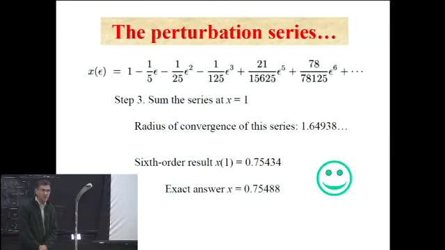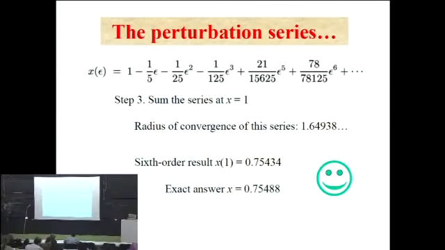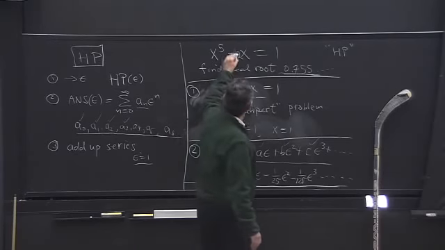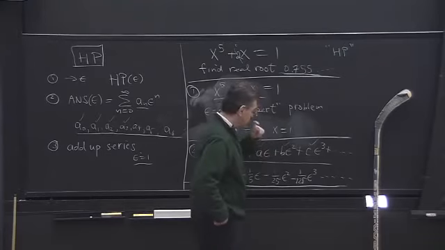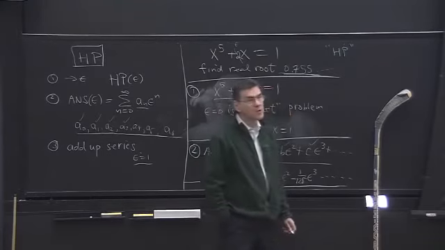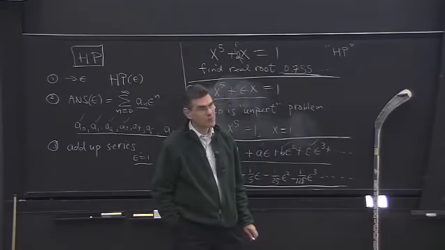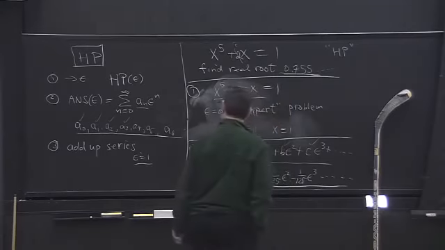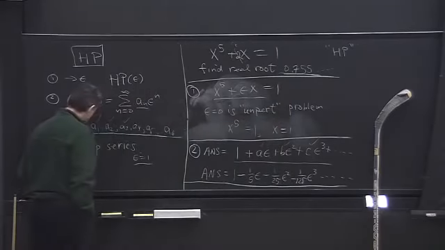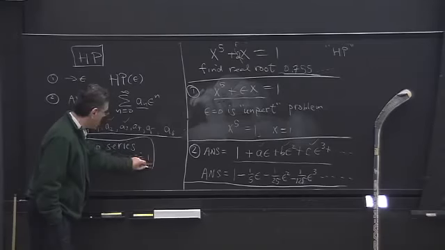However, what if you were trying to solve the hard problem that looked like that? You would do exactly the same thing, except at the end of it, you'd replace 2 by epsilon, right? And at the end of the calculation, you would try to set epsilon equals 2, but now you'd have a problem, wouldn't you? So in fact, one of the subtle things in perturbation theory is this step.